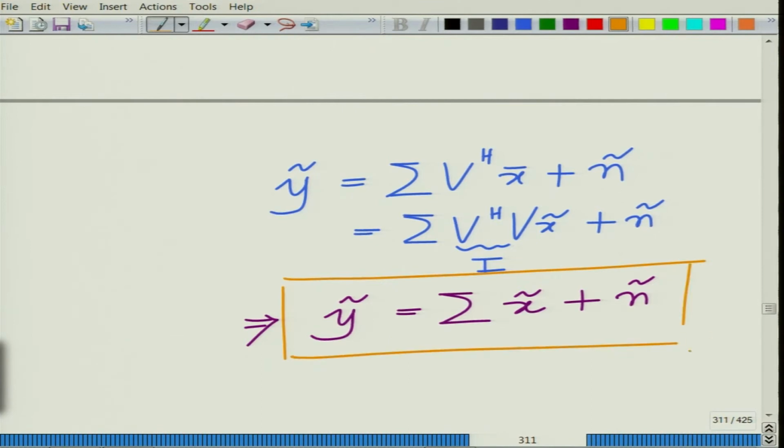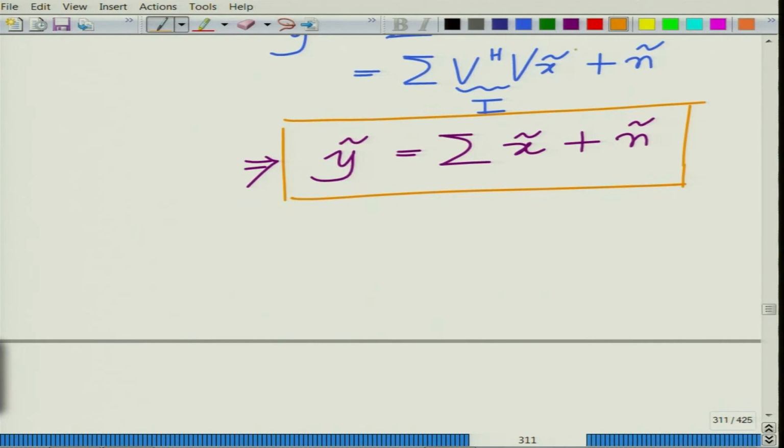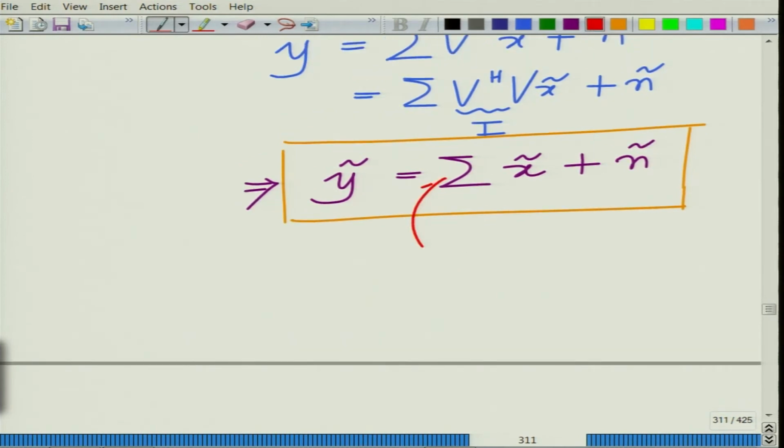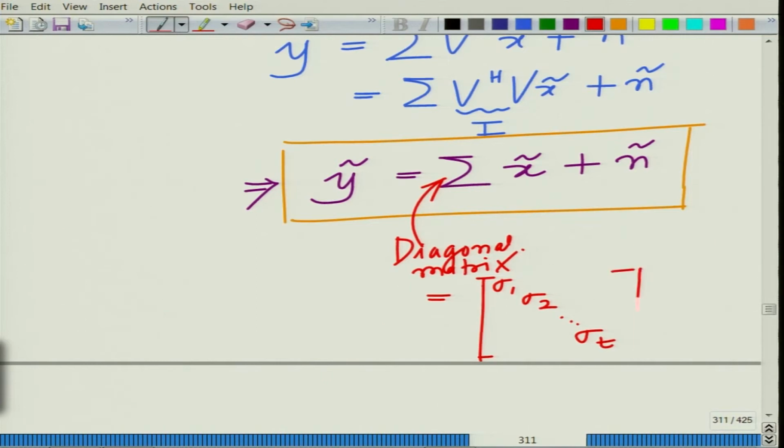Why is this interesting? This is interesting because this matrix sigma is a diagonal matrix, which comprises the entries sigma 1, sigma 2.